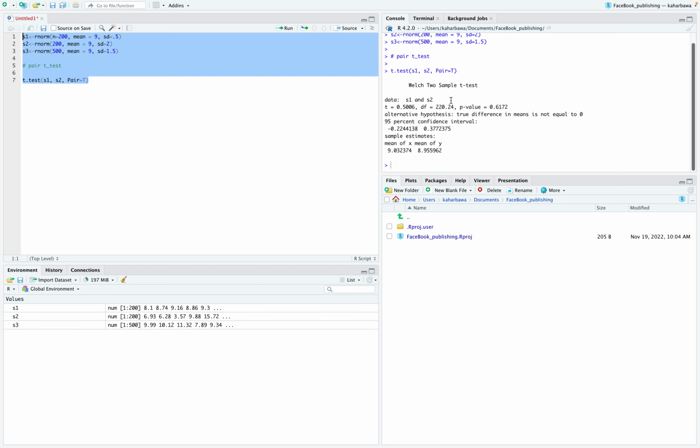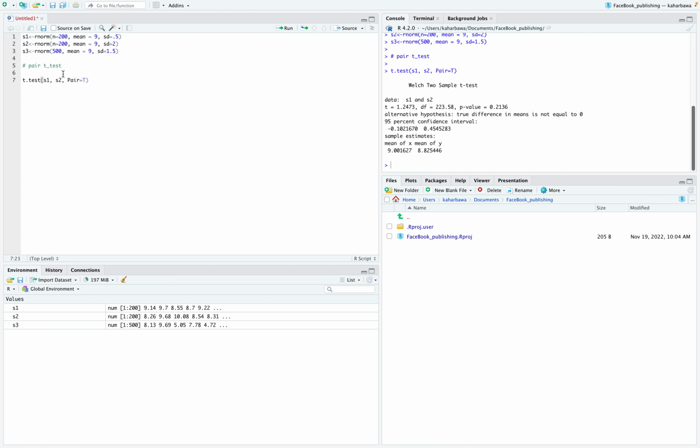That's the result of my t-test here. Two sample t-test, S1, and then anyway, I don't think that will change anything at all. Great. So that's my first t-test. The samples have the same size and the same mean.